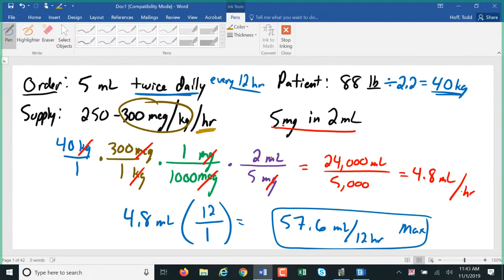Giving smaller doses more often is usually safe. Giving larger doses less frequently can sometimes not be safe. So when the recommendation is per hour and the doctor's saying every 12 hours, that's something to check up on too. Even if the total amount given in that 12 hours is within the ranges, if you convert from the 1 hour, having one large dose like that might be too big of a shock as well.